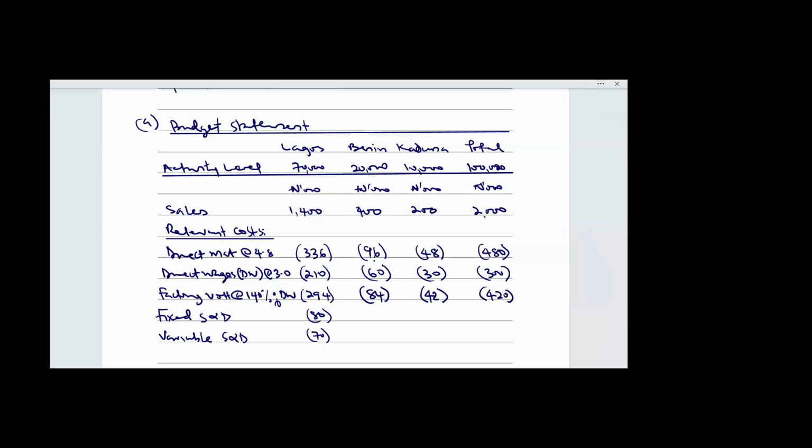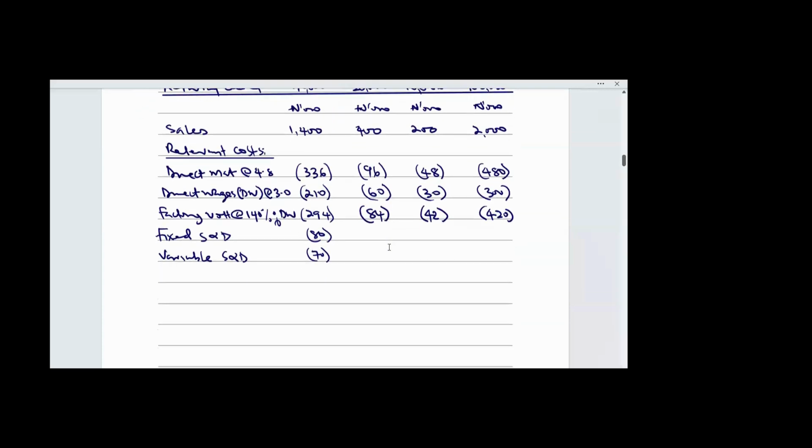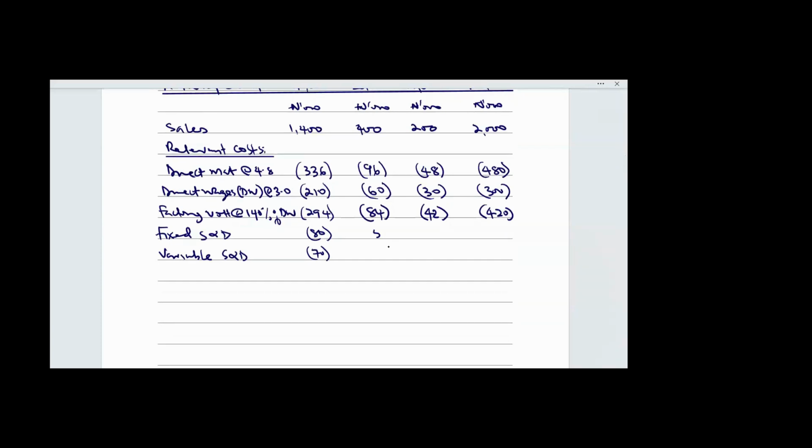Okay. So that's that. Then fixed selling and distribution for Benin is how much, as given in the question? 50,000. For Kaduna, 30. That's 160. Then variable selling and distribution for Benin is 32. Variable selling and distribution for Kaduna is 20.